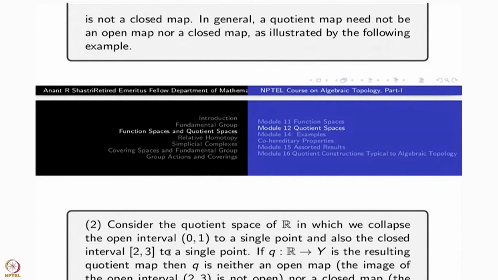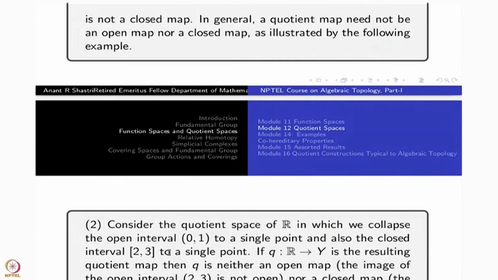Similarly, look at the closed interval [2, 3], all the points in between, namely 2 and 3 included, identify them to another single point. These two are different points, not the same point.